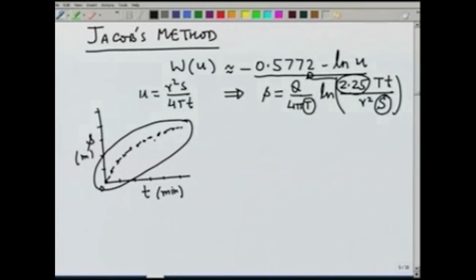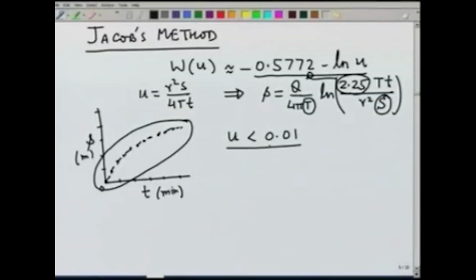We assume that Jacobs approximation is valid, but we know that it is valid only for u less than 0.01. So, that is an implicit assumption when we use Jacobs method, that whatever data we are using has values of u less than 0.01. And if you look at the definition of u, you will notice that t has to be large.